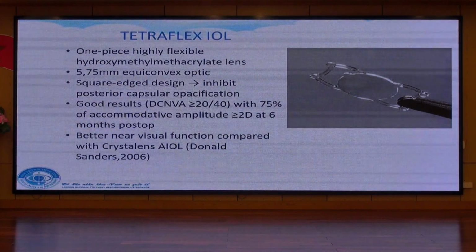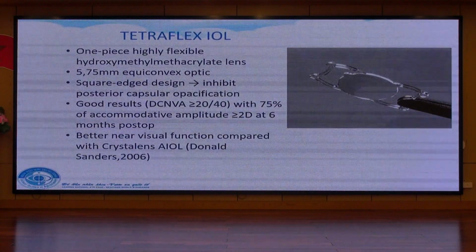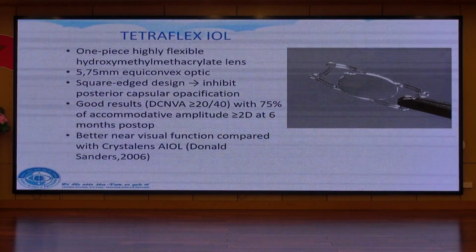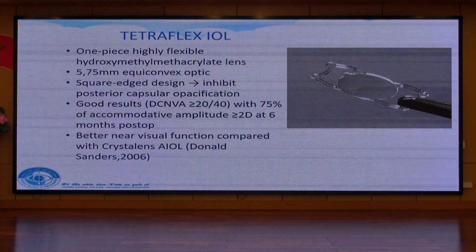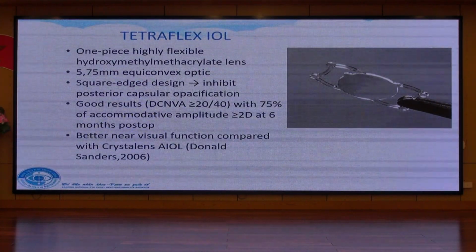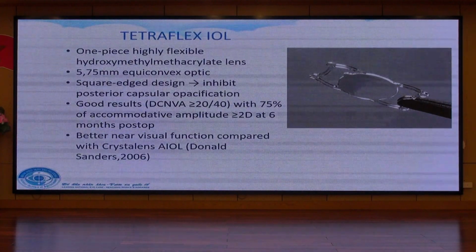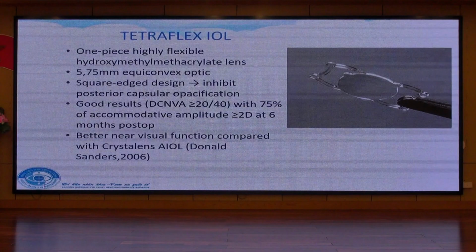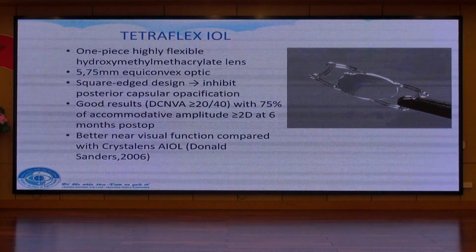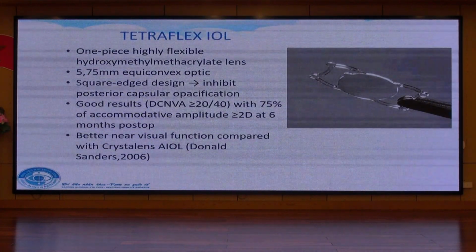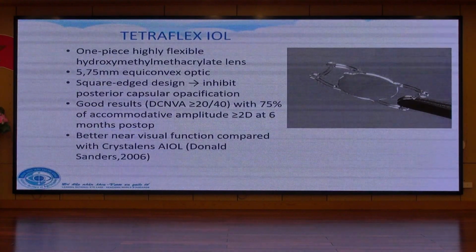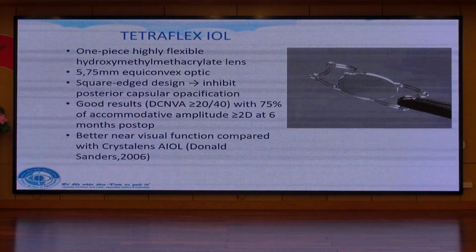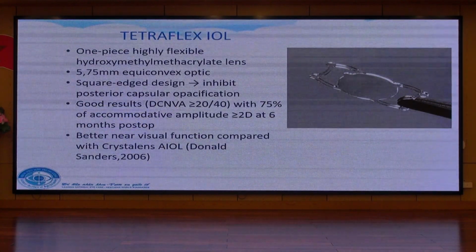And in a study, Sanders in 2006 showed good results with DCNVA equal to 20/40 or better, with 75% having accommodative amplitude of more than 2 diopters at 6 months after surgery, and better near visual function compared with a monofocal IOL.